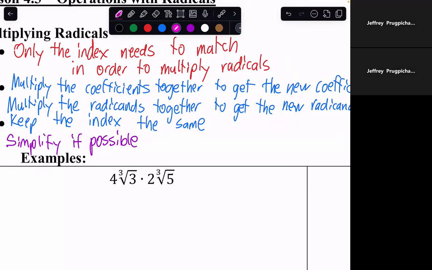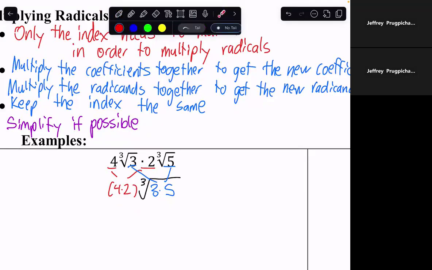Okay, so this example below, 4 cube root 3 times 2 cube root 5. The two radicals have the same index, so we are allowed to multiply. What you do is you take the coefficients and you multiply them together. You keep the index, so you keep it a cube root, and then you multiply the radicands together to get the new radicand.